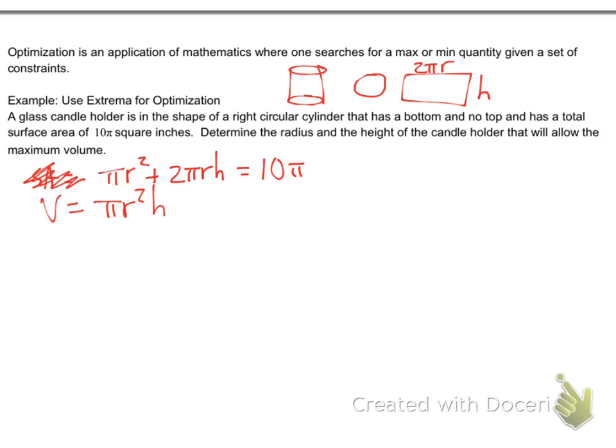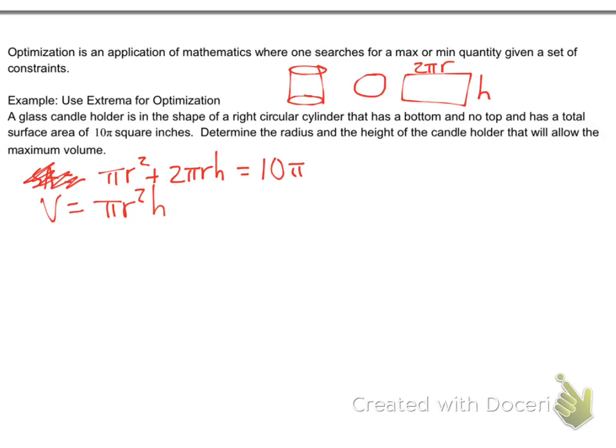Which variable in the top equation looks like it'd be the easiest to solve for? R by itself or H by itself? I'm going to say it's H because there's only one of them. If I chose to do R, I would have to be able to get R completely by itself, and I don't think I can do that with an R squared and an R.